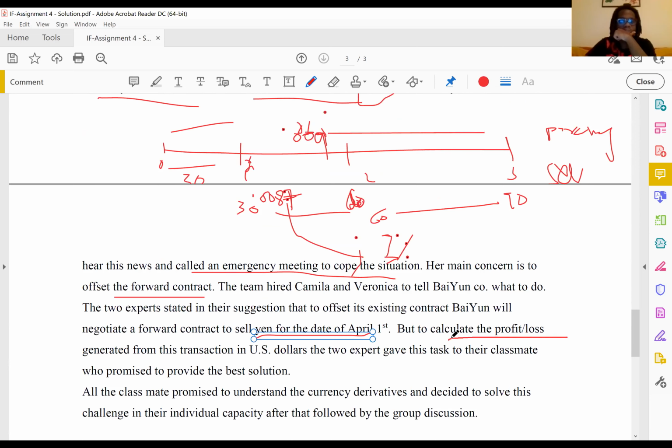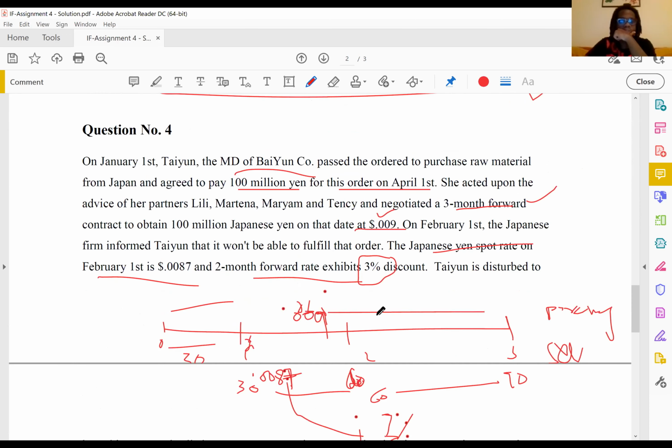But the profit and loss generated from the transaction, they don't know. You are asked to calculate that. So, how you are going to calculate this? It's simple. Because this is a forward or future, this is both party obligation.